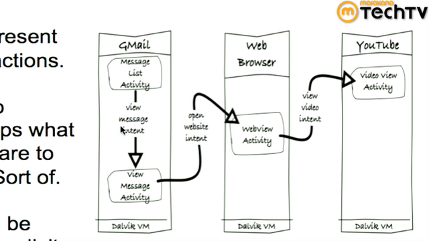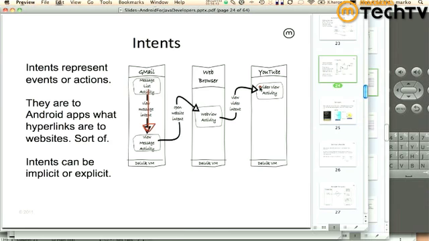If I'm inside Gmail and I want to open a message, I'm going to be explicit about which message I want to see. So I'm not wandering around trying to resolve it. I'm spelling it out. There's no ambiguity there.